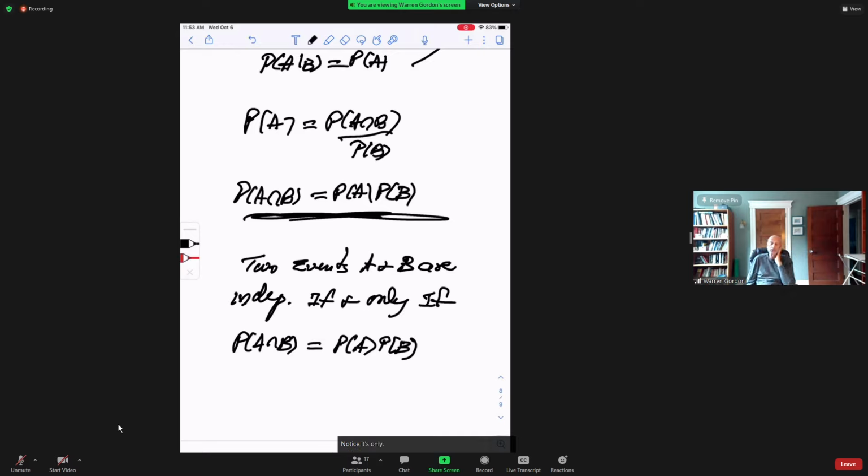Notice it's only true, the probability of the intersection is equal to the product of the probabilities, only if the two events are independent.